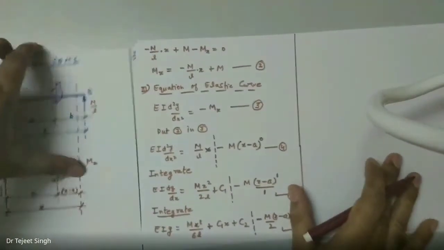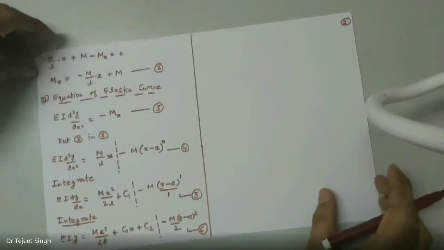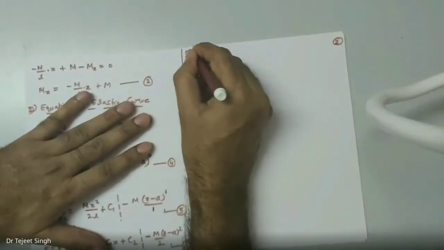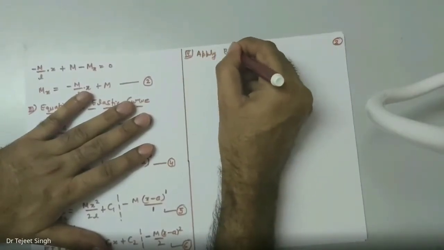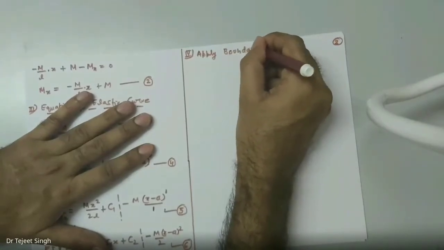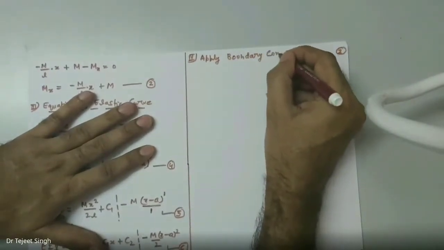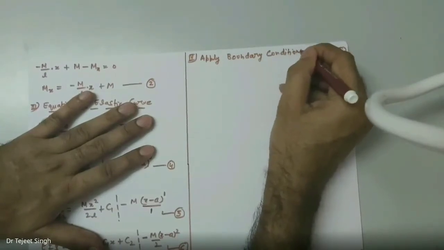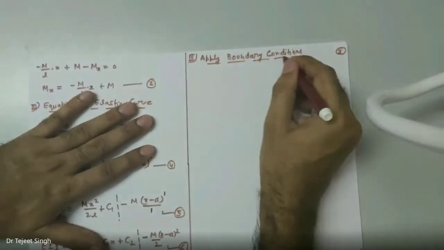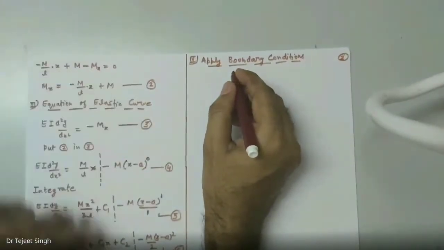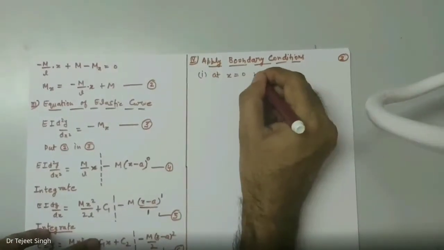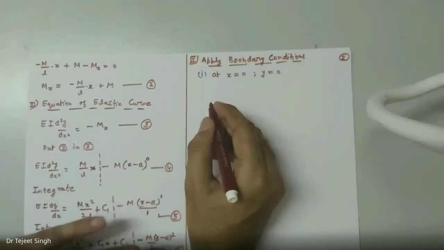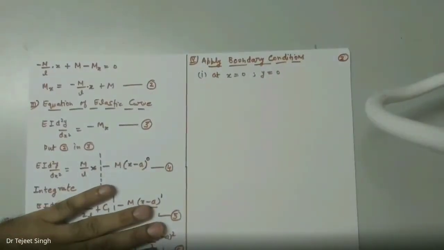So, step number 4: apply boundary conditions. If you apply the first boundary condition, at x equal to a, the deflection will be 0. At point A, because point A is a supported point, the deflection remains 0.